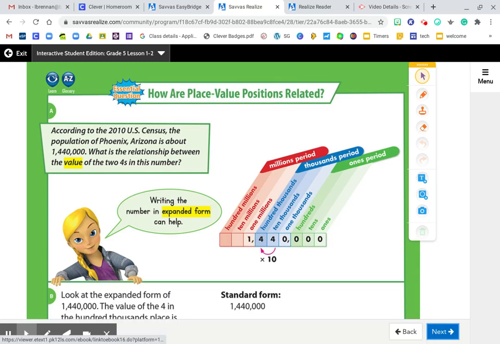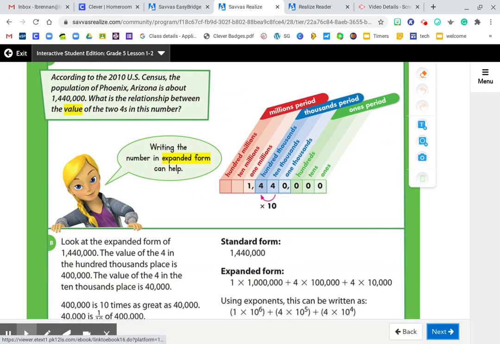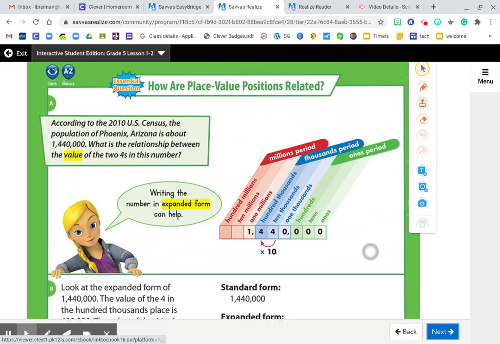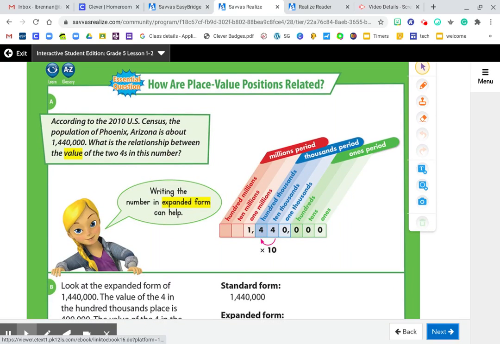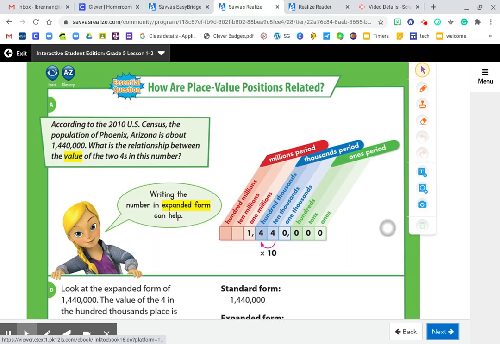Remember, you would have your tools off to the side where you can actually write on the page. Unfortunately, it doesn't read it to you. So if you need a parent to help you read it, I do try to read it over in my videos, but if you need somebody else to help you read it, you're going to have to ask for some help there, unfortunately.